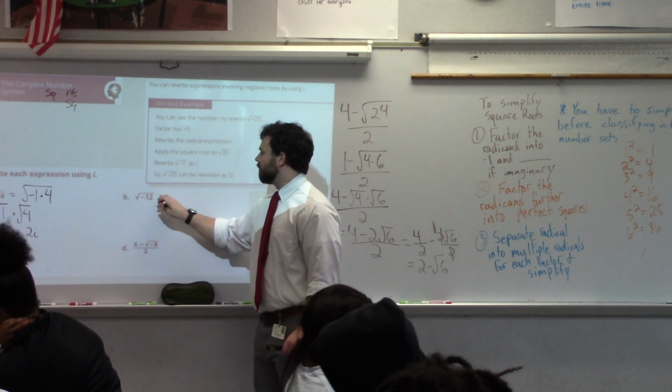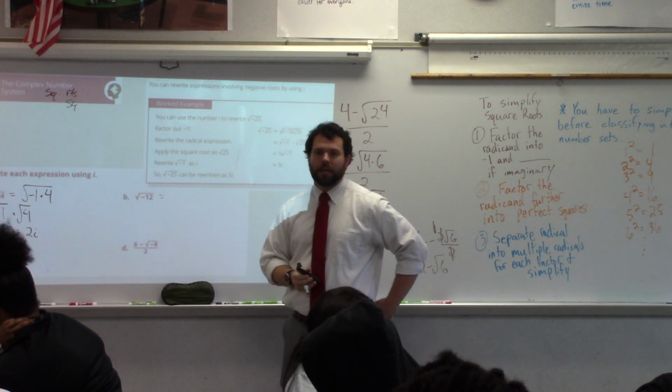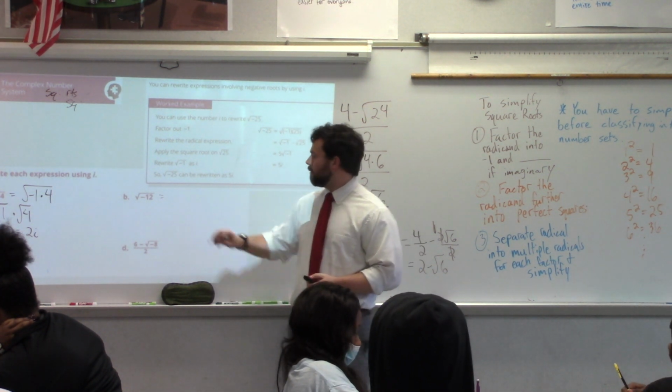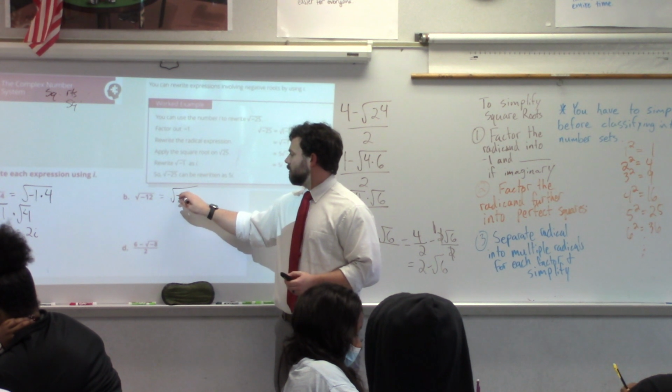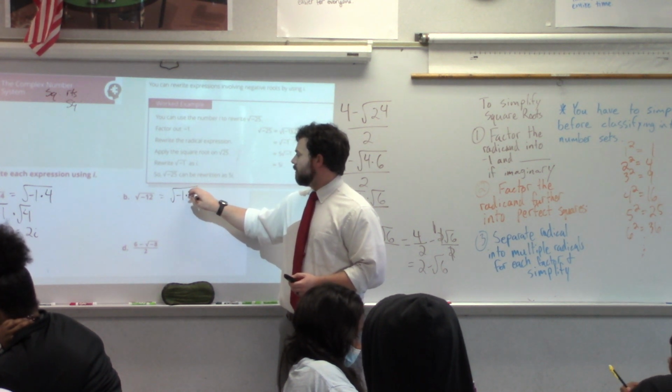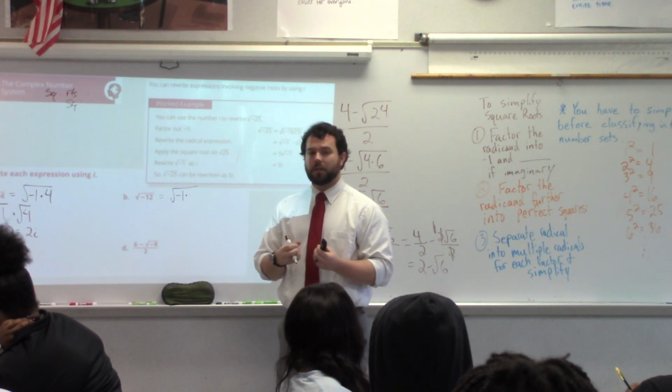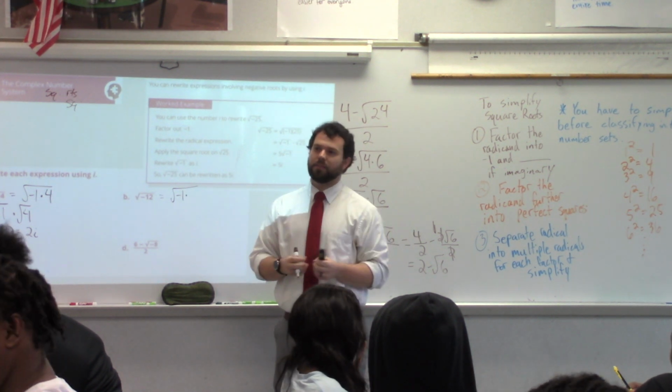B. How would I rewrite the square root of negative 12? Now, I want to pause. I'm going to combine steps 1 and 2 over here together because it's going to make my life easier.